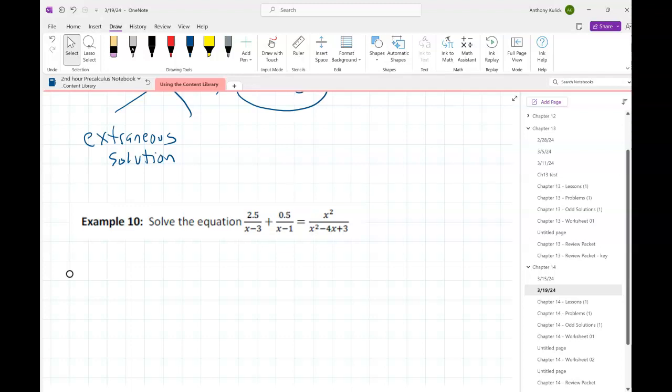One more example. What do I need to do to start? Factor that denominator. It's the same denominator that we just saw a minute ago, so that's easy. What do I do next? Multiply both sides by? Good, that is the least common multiple of the denominators.